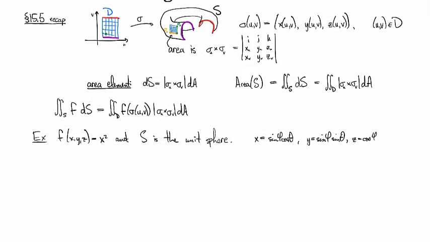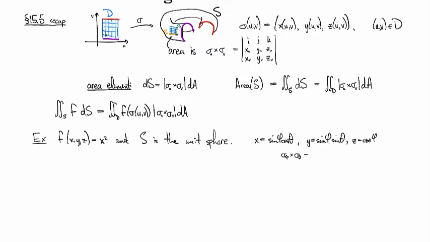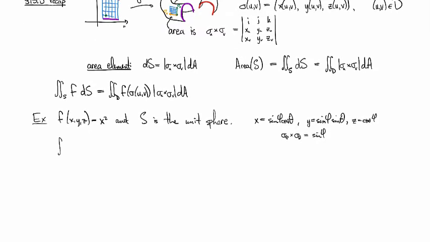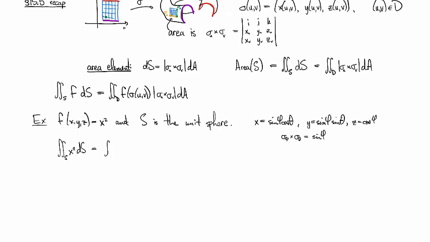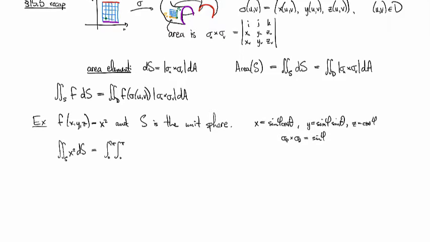And then just like in spherical coordinates, if we look at sigma_phi cross sigma_theta, we're going to get sine phi. The rho squared also does not show up, of course. Okay, so then we have the double integral of x squared dS over this surface, and it's going to be, let's see, so we need theta running from 0 to 2 pi, and we need phi running from 0 to pi to go all over the sphere exactly once.